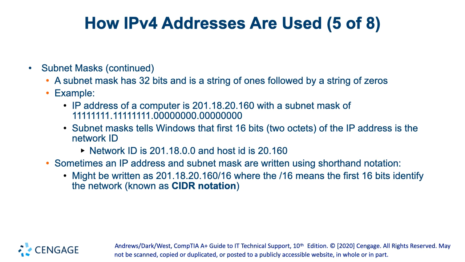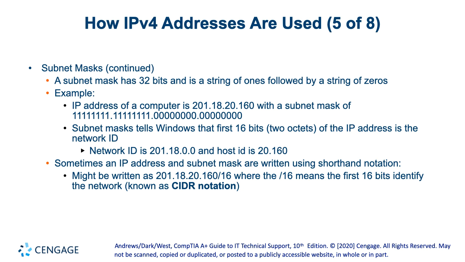So 192 and above to 224, I believe, is a Class C address. And then they have some others that aren't used, but A, B, and C are the only ones that are assigned publicly. So this is a Class C or a /24 IP address.